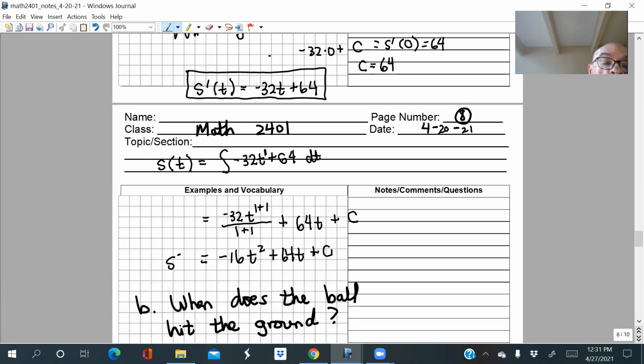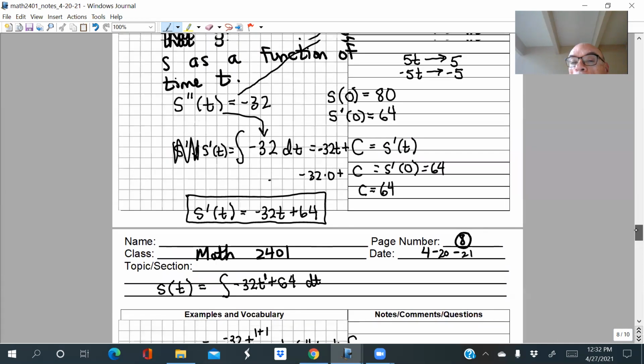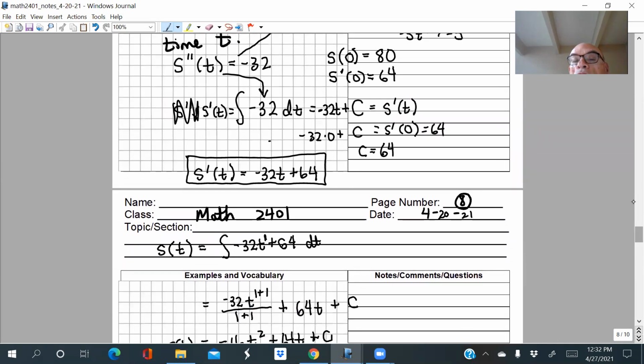So there we have it. There is almost our formula for s, okay? Except we have to figure out what the darn c is, right? We have that pesky c in there again. But now I have a little information to help me with this. Because remember, we knew that s of 0 was 80. The initial height of the baseball was 80.